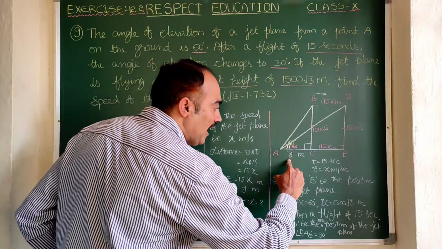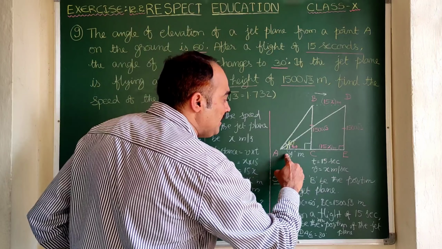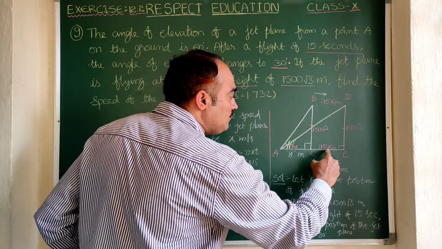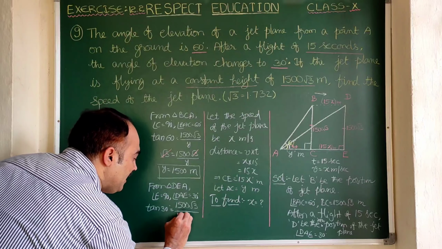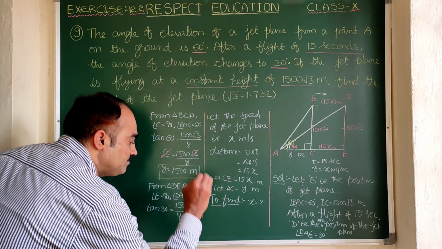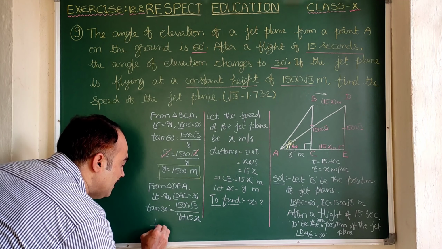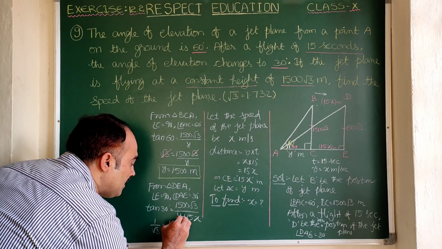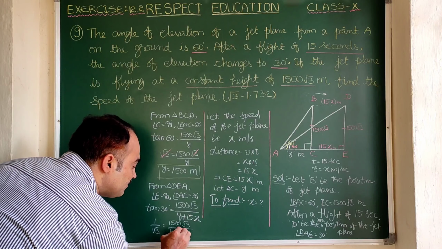AE is nothing but y plus 15x. Here the distance between A to C is y and C to E is 15x. So it is y plus 15x. Now let us write the value of tan 30, that is 1 by root 3, is equal to 1500 root 3 by y plus 15x.